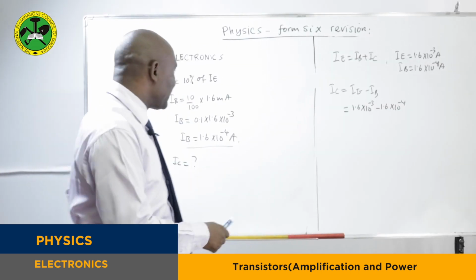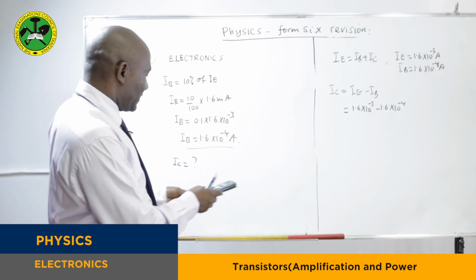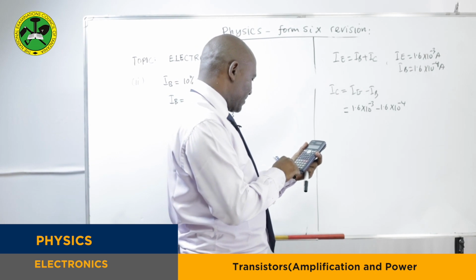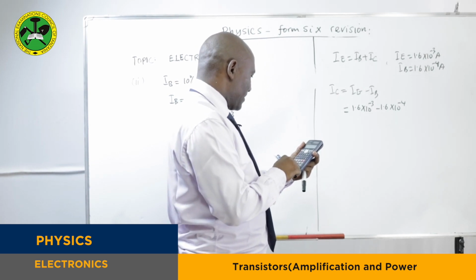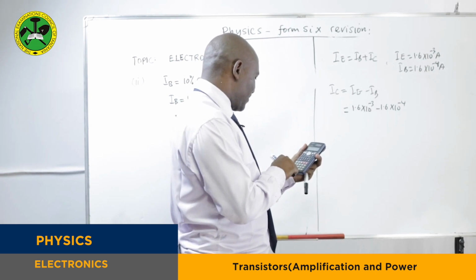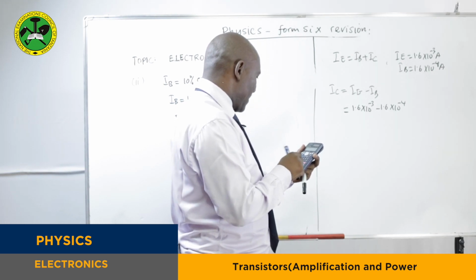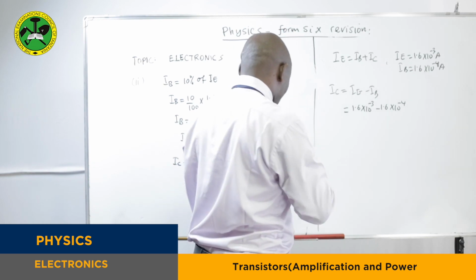Using a calculator, you can find the value of the collector current. For example, I'm using mine here: 1.6 e power -3 minus 1.6 e power -4 is giving us 1.44.